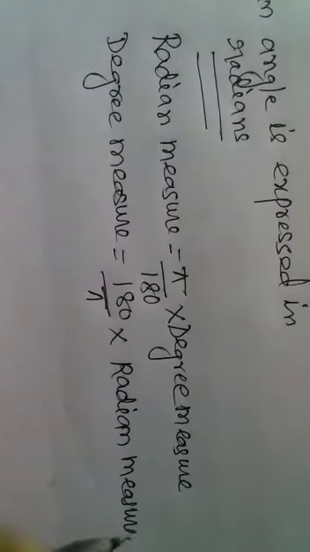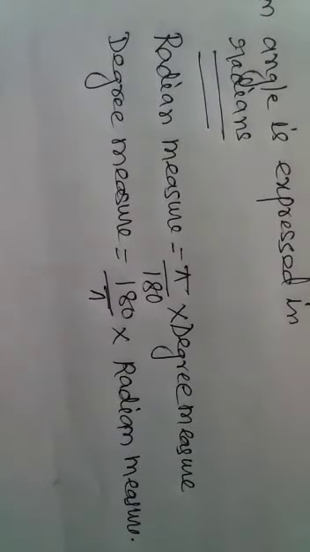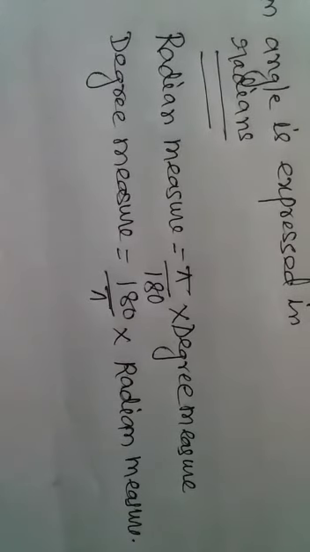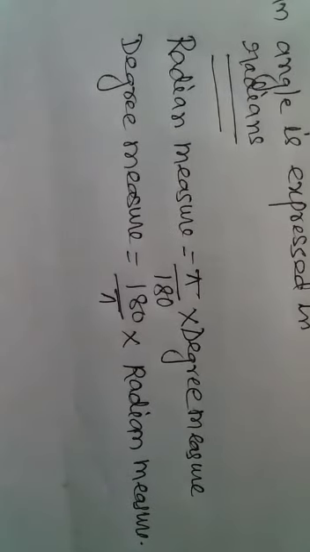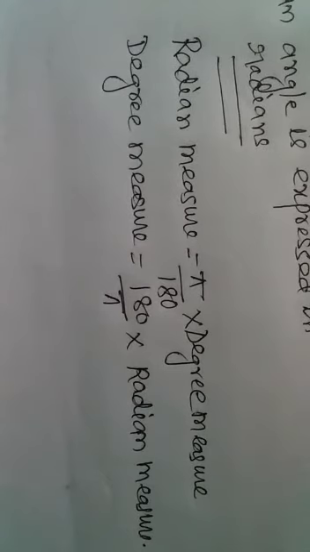Is this clear? Since angles are measured either in degree or in radians, whenever we write angle theta, we mean the angle whose degree measure is theta, and whenever we write angle beta, we mean the angle whose radian measure is beta.